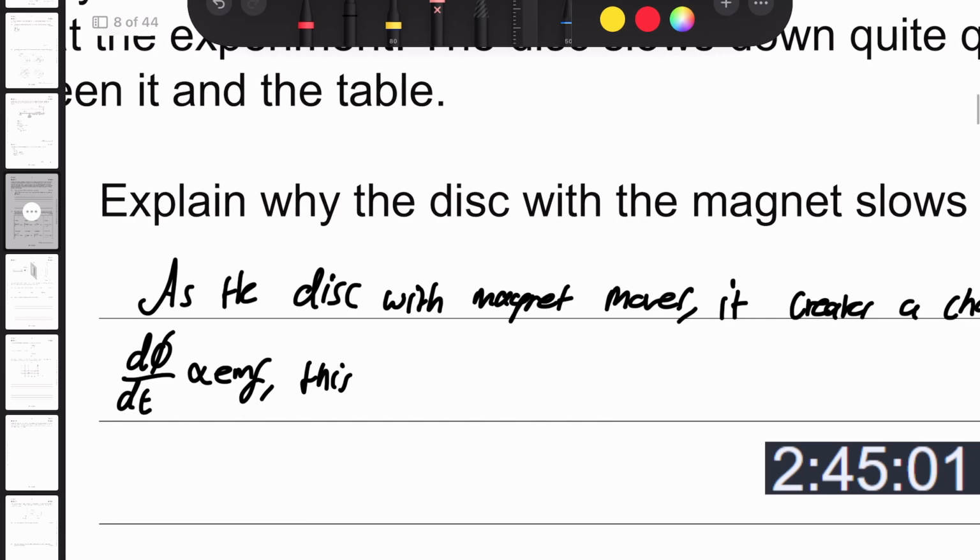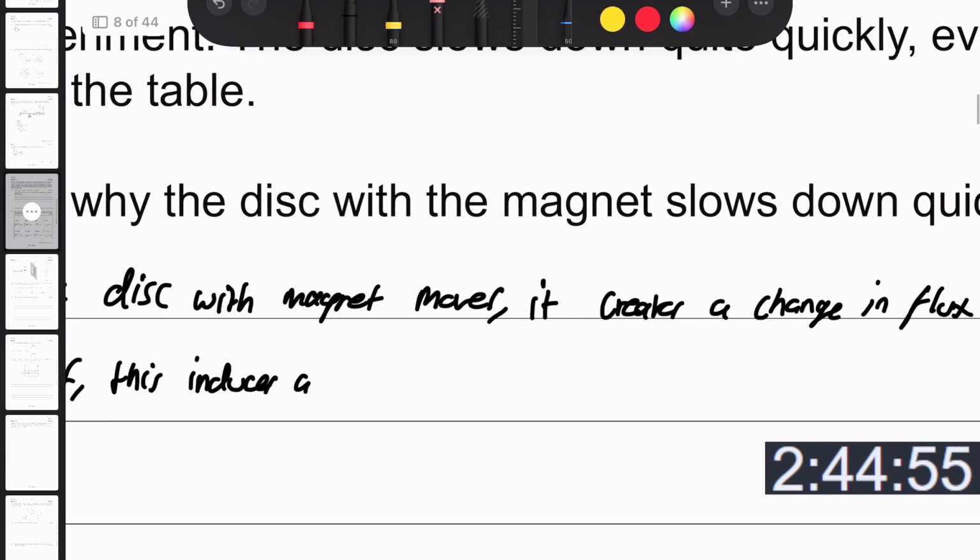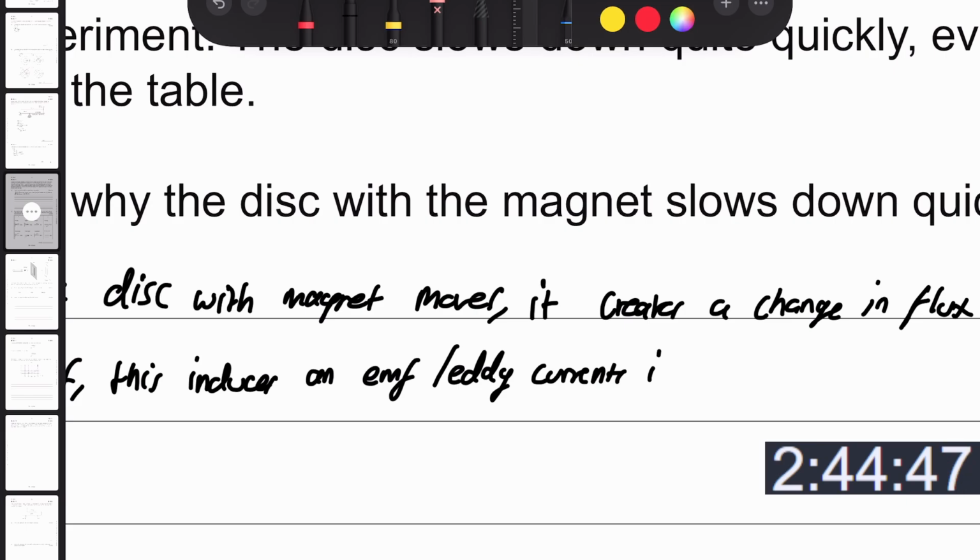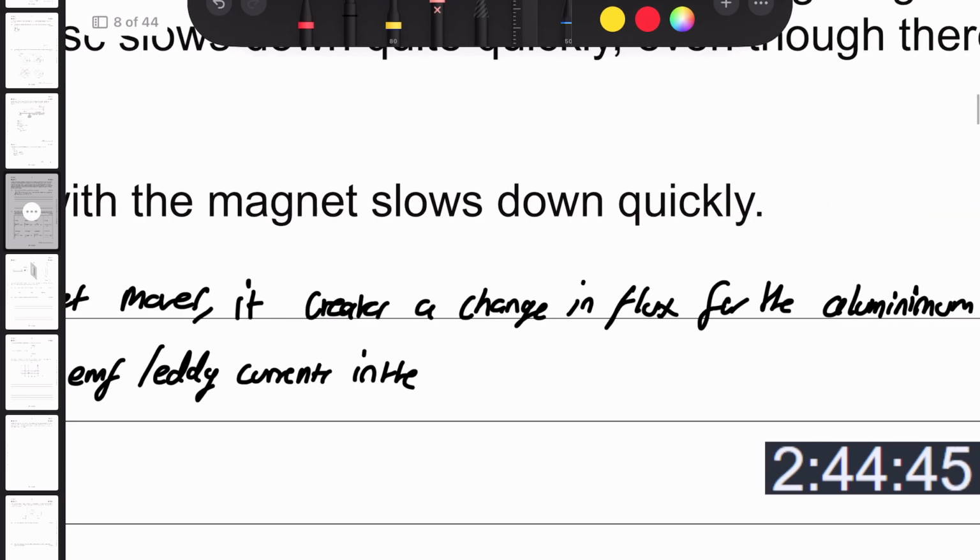This induces an EMF slash eddy currents in the aluminum table.